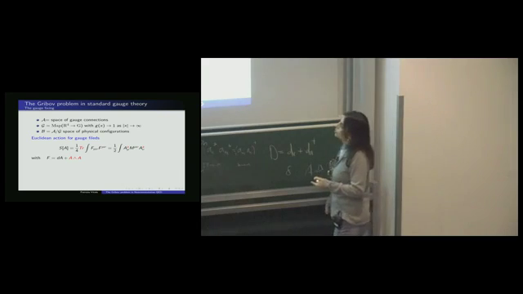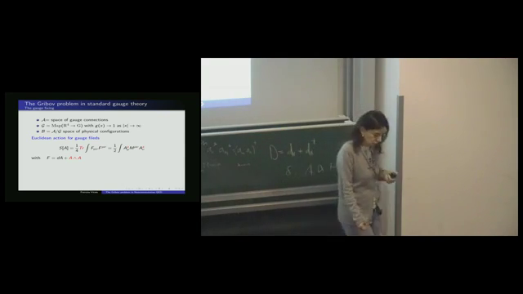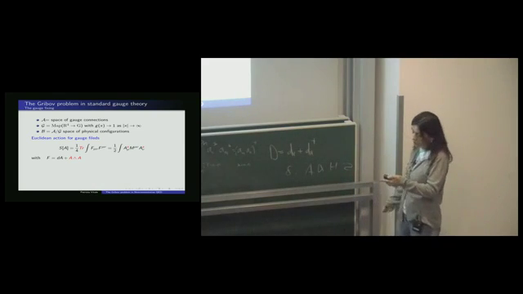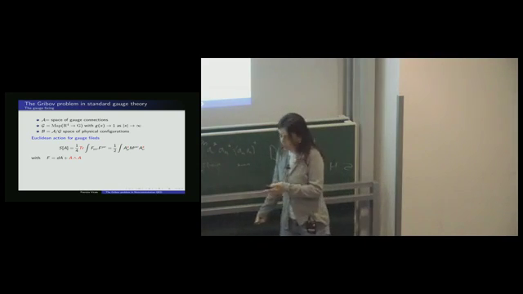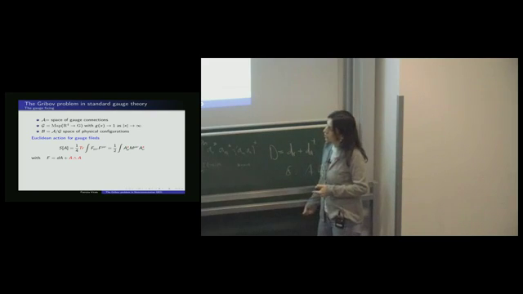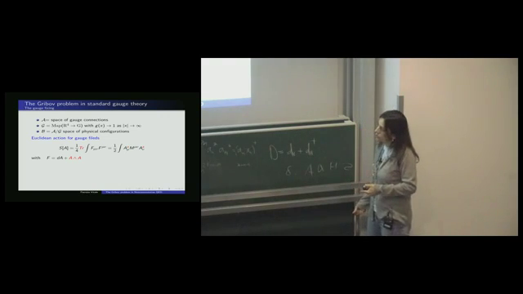Otherwise, my connection is valued in a non-abelian Lie group, so I also have Lie algebra indices here, and they come from tracing over the Lie algebra. This is the curvature F. In the case of U(1) theory, of Maxwell theory, I only have this contribution here because the Lie group is U(1).